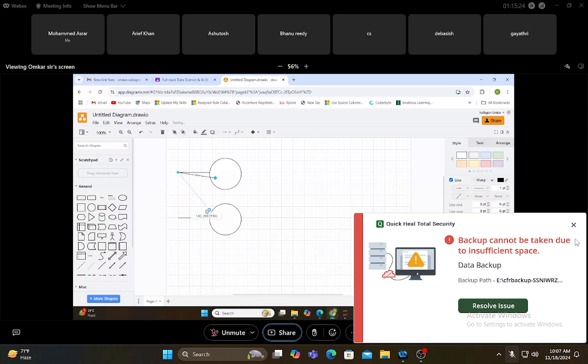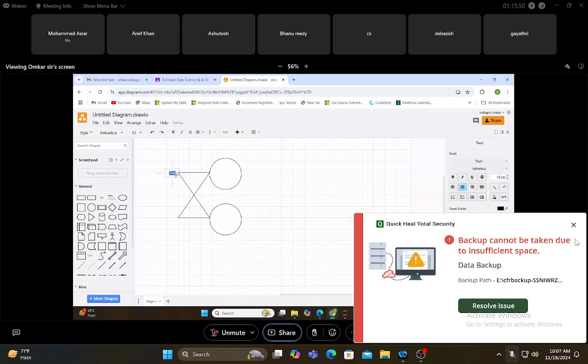From here to here it will travel. Here X1 will be available, and here X2 will be available.